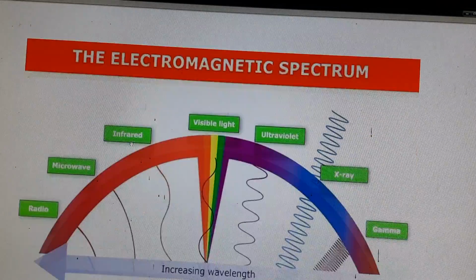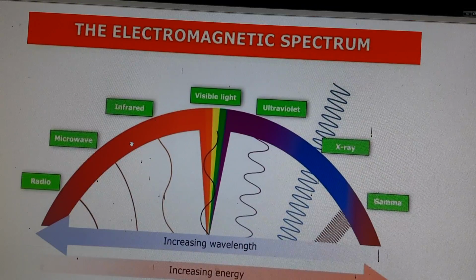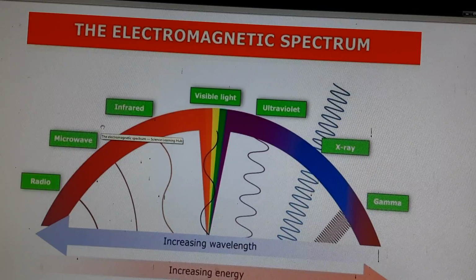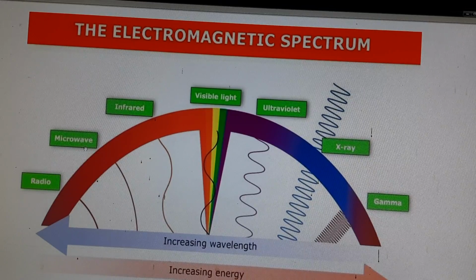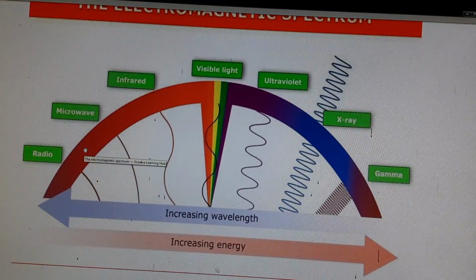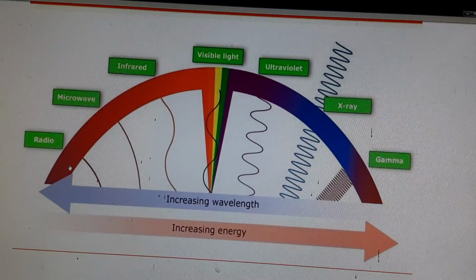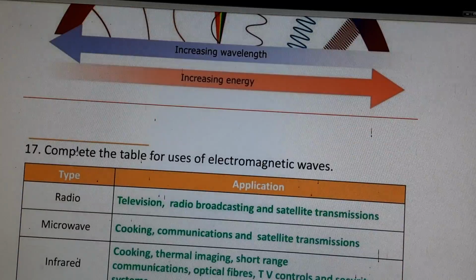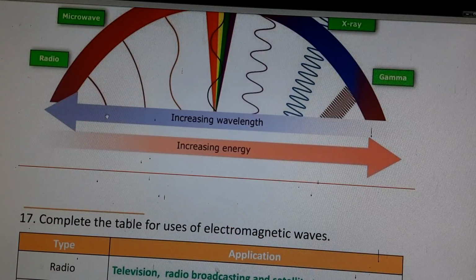Looking at the electromagnetic spectrum again, it has 7 waves. We can also observe increasing energy. The arrow mark is upward, showing increasing energy.